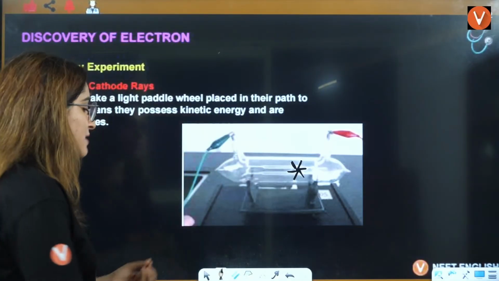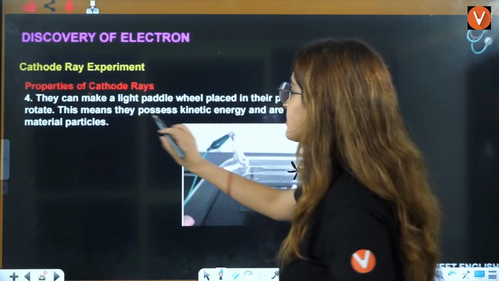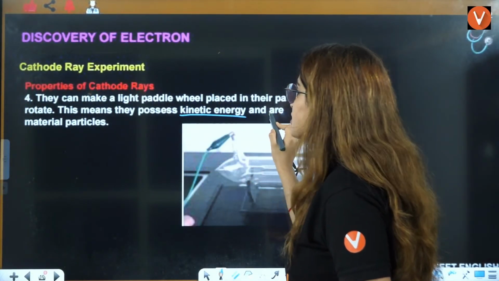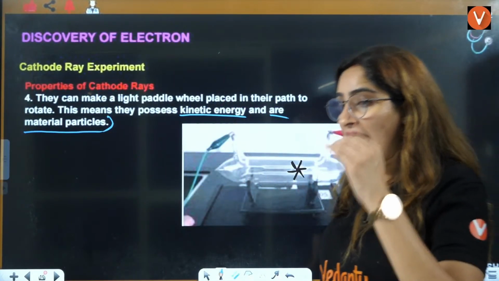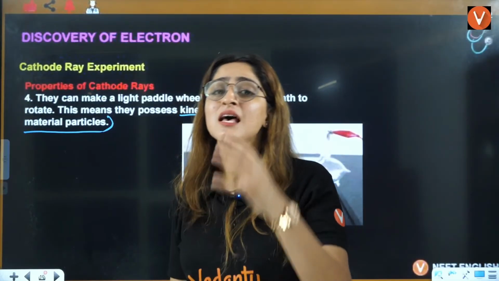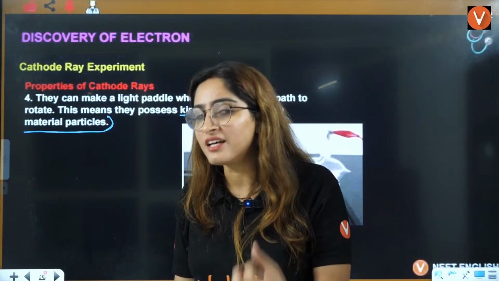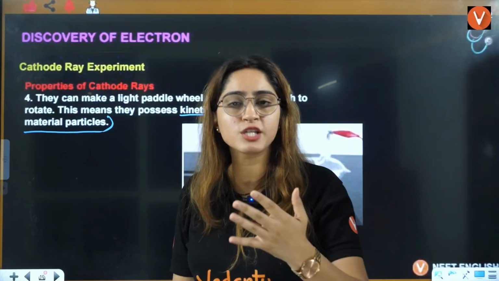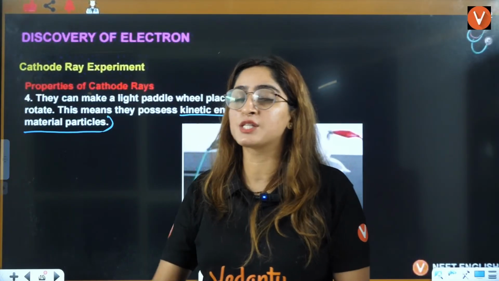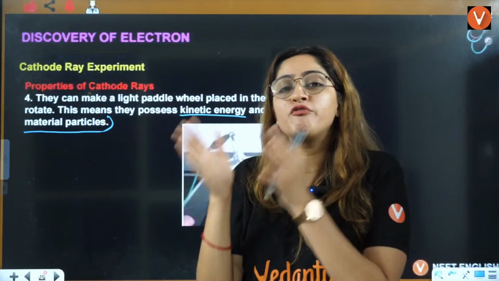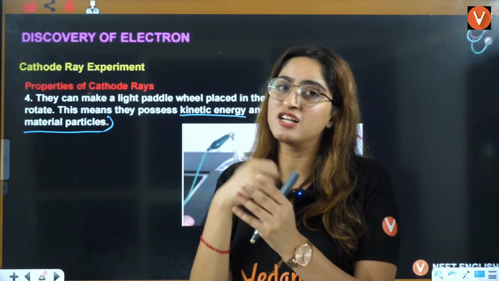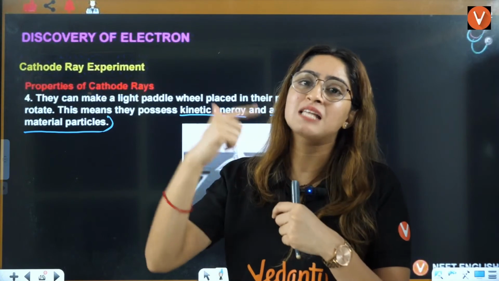This means that these particles possess kinetic energy and are material particles, right? They actually have some mass, they possess some kinetic energy. No matter the mass will be very small, but they have some mass, that's why they are able to rotate the wheel, right? Because of mass, they will have some kinetic energy, and that's the reason they will start rotating the wheel, right?